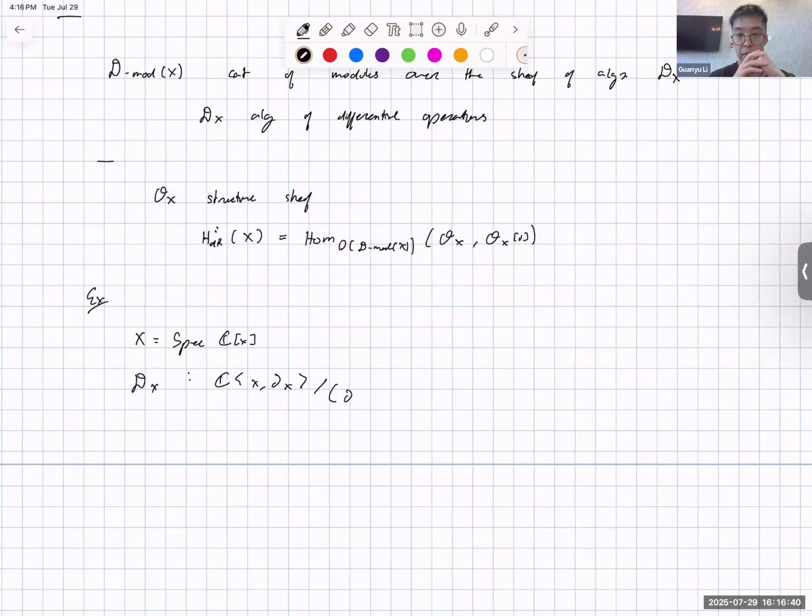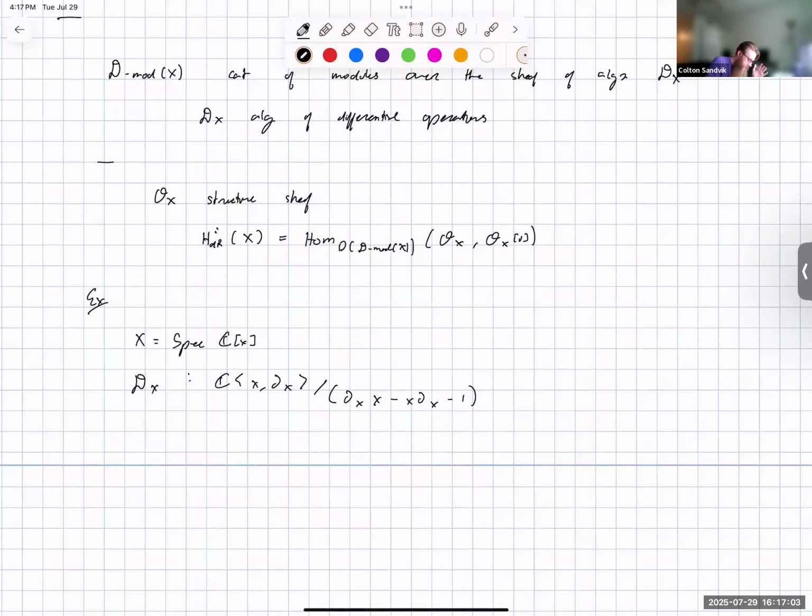And we have our Leibniz rule. So in this case, it's literally just modules over this algebra. Well, I'm sorry, I shouldn't say that. That's still wrong.